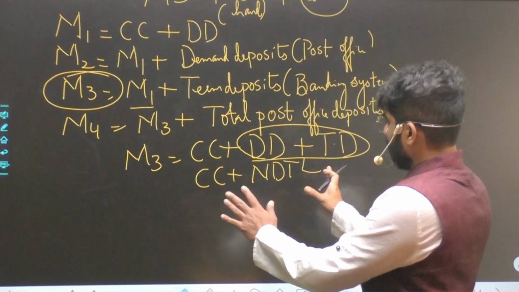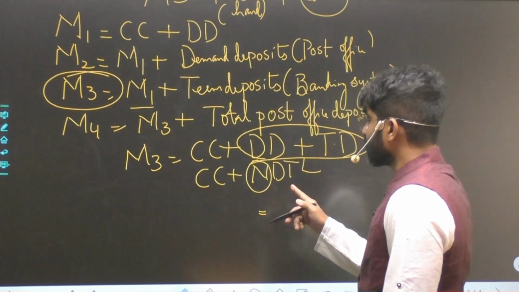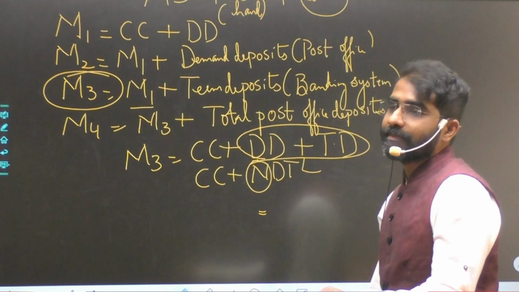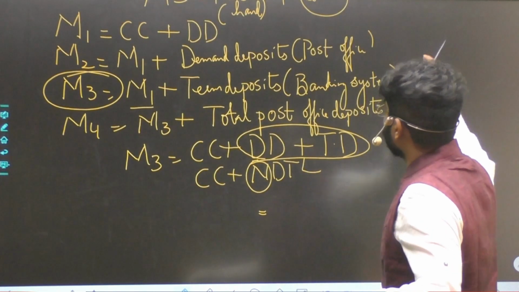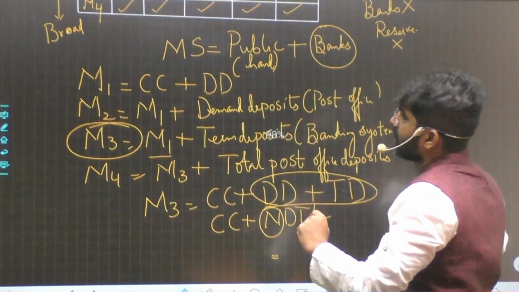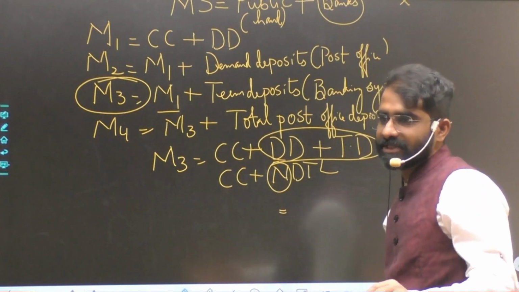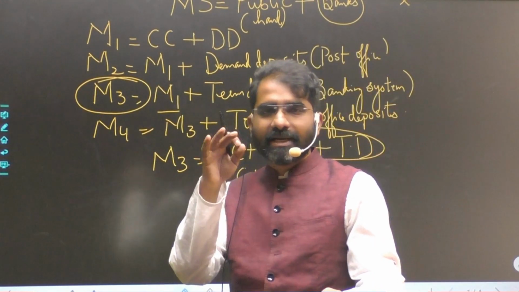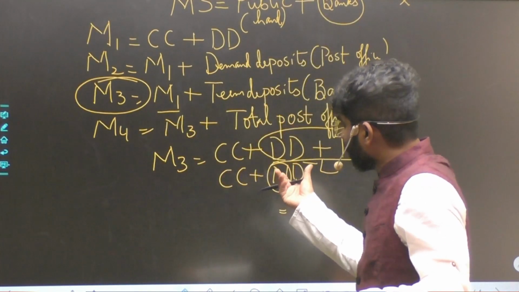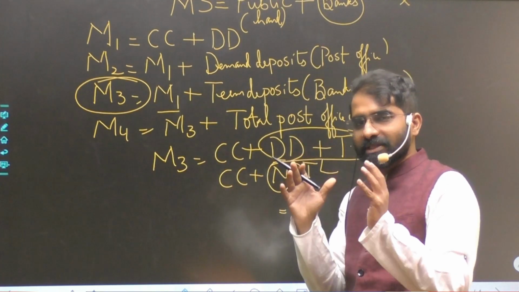Why net? This net is nothing but the total deposits with the bank minus the interbank deposits. Other banks' deposits in the bank will not be part of money supply. So when I use the term net demand and time liabilities, I am talking about the deposits, with interbank deposits deducted from the total deposits in the bank.